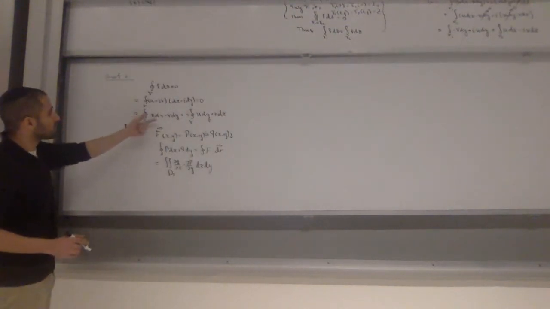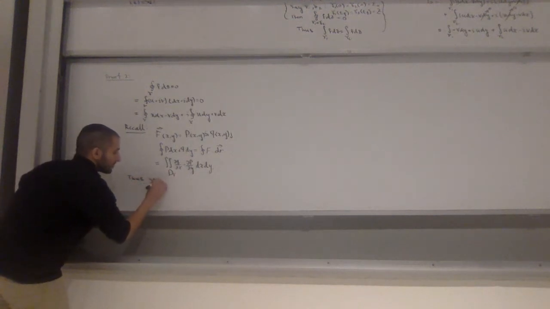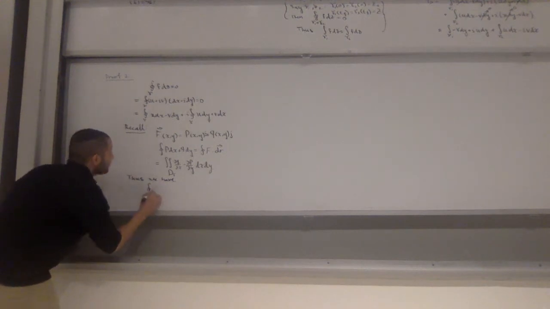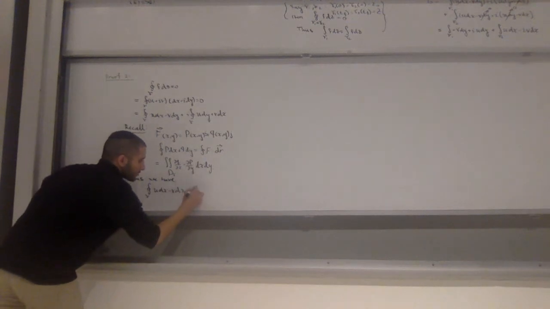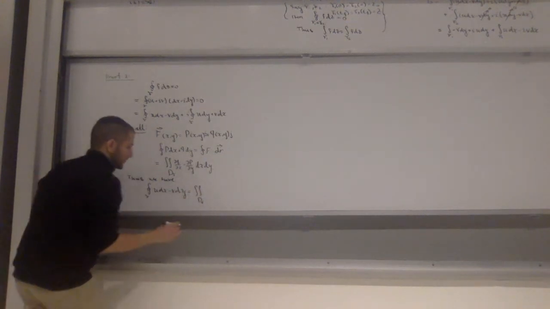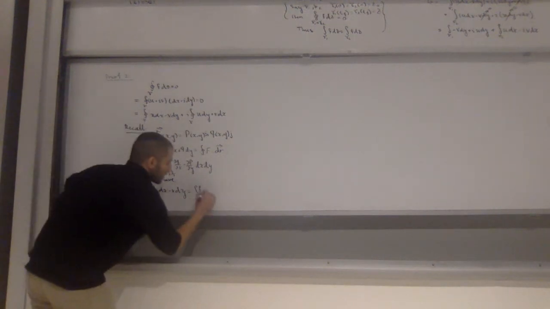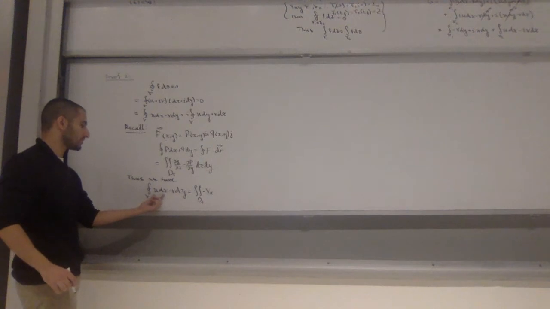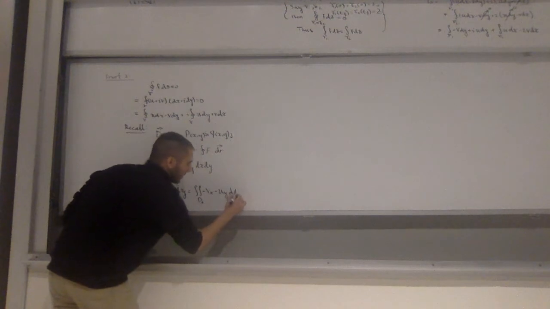We have that the integral along gamma of u dx minus v dy is equal to the double integral over D gamma of negative v sub x minus u sub y dA.